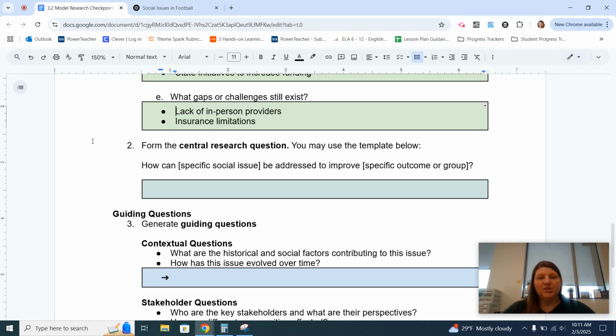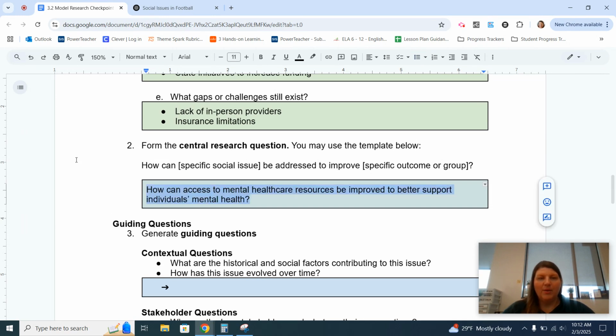Once I have a good understanding of the topic, good understanding of the context, I'm going to form my central research question. So this is like the big question that all of my guided questions are going to help support and answer. And we've got this template that you can use here. How can whatever your specific social issue is be addressed to improve a specific outcome or group?